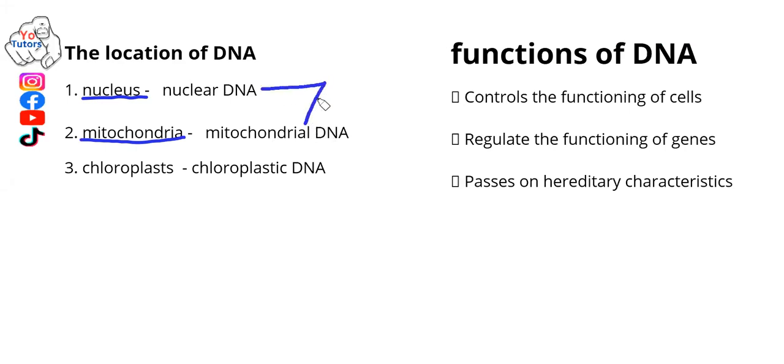You can find these two in both plant and animal cells, but chloroplast DNA you only find in the plant cell, because we don't have chloroplasts in animal cells.